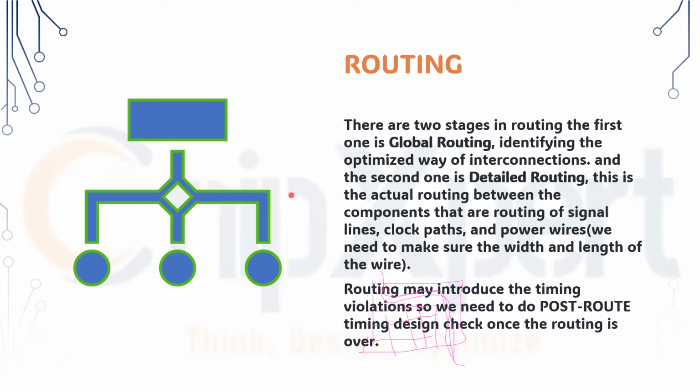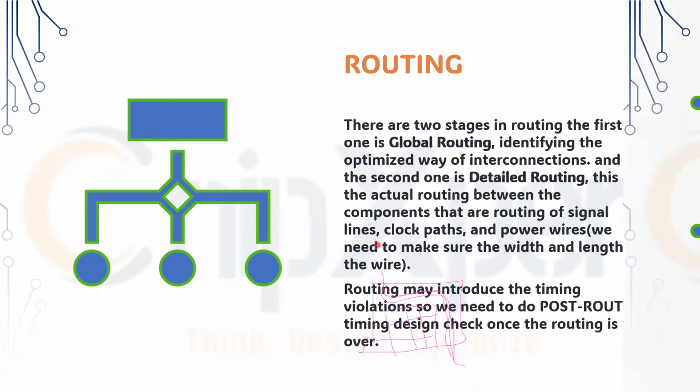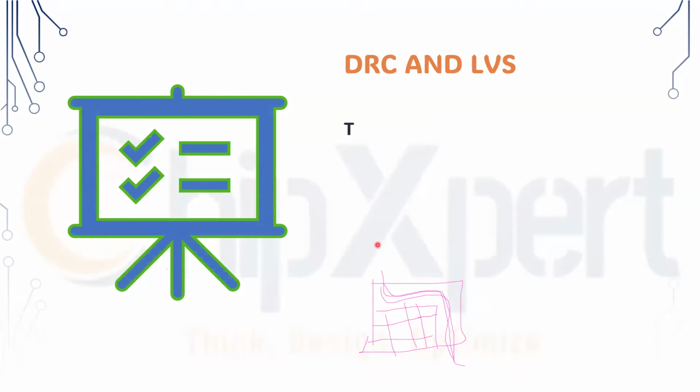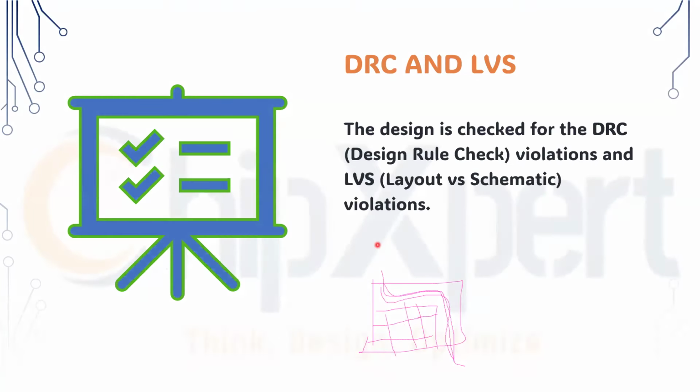We may see some routing violations related to the complexity of timing or density of the standard cells. All this comes into the picture. Once we're done with routing, we come to the stage where we check for any violations related to the design rule sets.